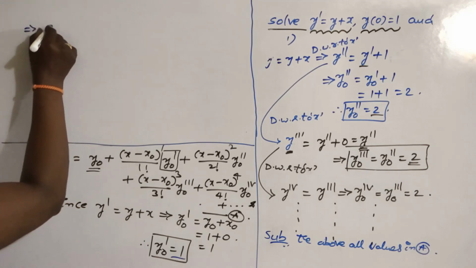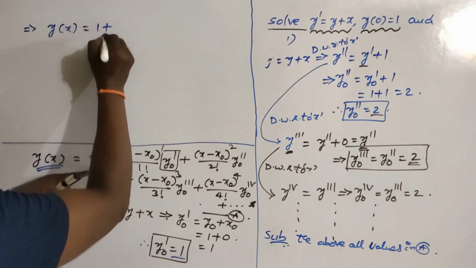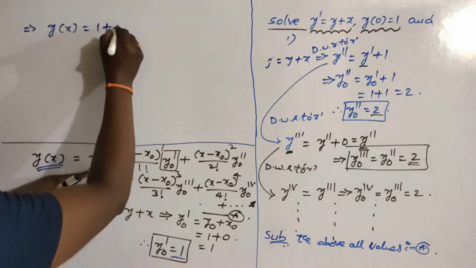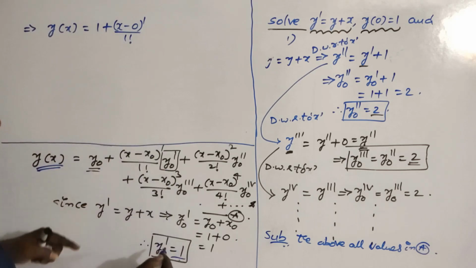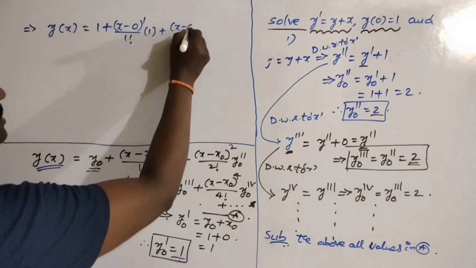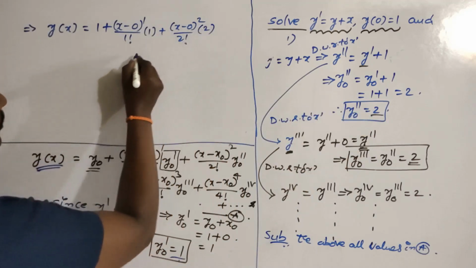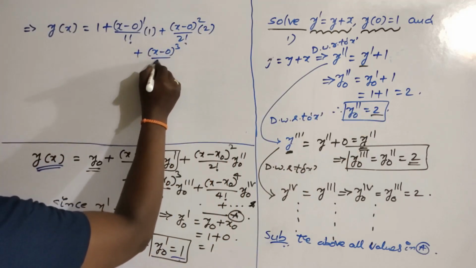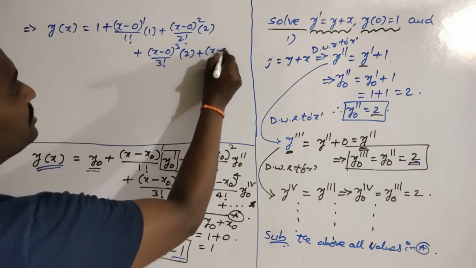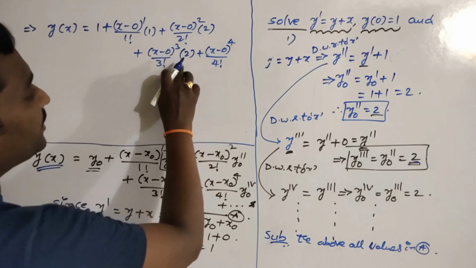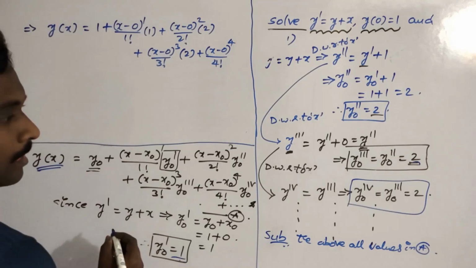From this, y of x is equal to very first term y naught is given as 1, plus x minus x naught is 0, so x minus 0 whole power 1 by 1 factorial into y naught dash, I got y naught dash as 1, plus x minus 0 whole square by 2 factorial into the next term y naught double dash, it would be 2, plus x minus 0 whole cube by 3 factorial into y naught triple dash, which is also 2, plus x minus 0 whole power 4 by 4 factorial into y naught fourth derivative, which is also 2, plus and so on.